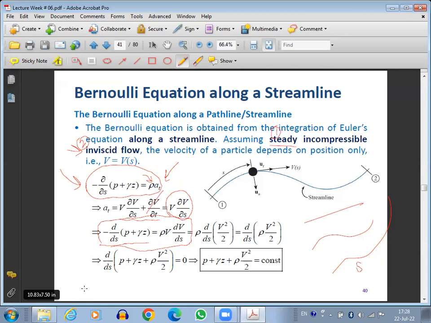Okay. Now what we are going to say is that look, this term here is v dv/ds. If I write here d/ds of v square by 2, if I differentiate v square by 2 with respect to s, what will be the answer?